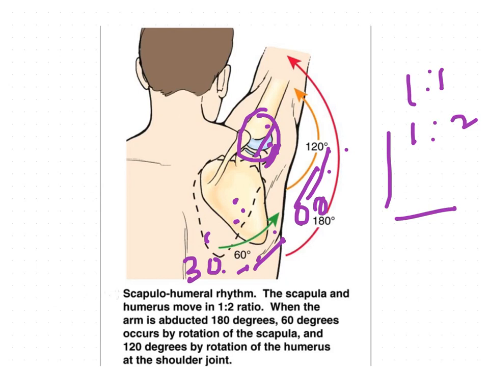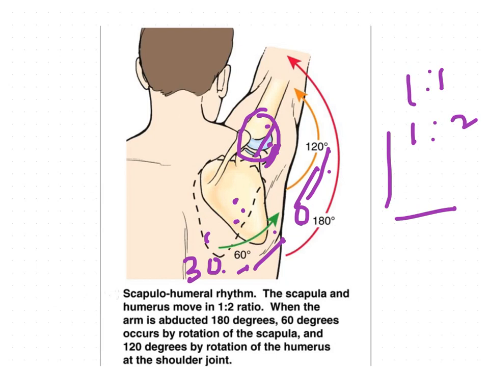So if 1 degree of motion of the scapulothoracic joint increases, 2 degrees of motion occur in the glenohumeral joint. This is called the scapulohumeral rhythm, with the contributions of the scapulothoracic and glenohumeral joints.